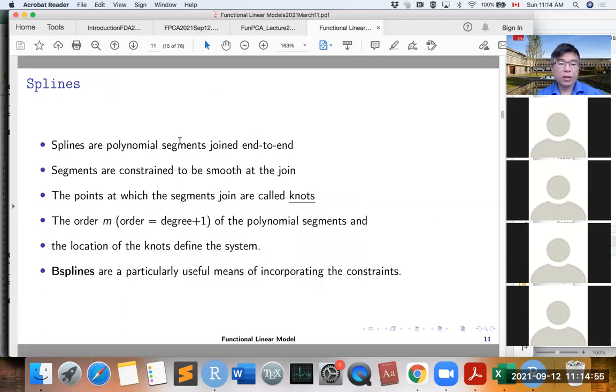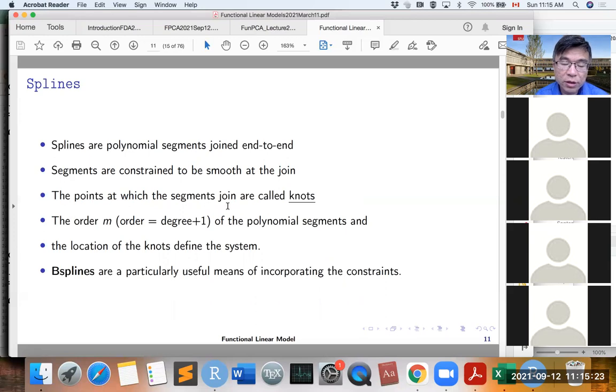This is the summary for splines. Splines are polynomial segments joined end to end, and at the joint points the polynomial function is constrained to be smooth. Smooth means the function is continuous and the derivative is also continuous.